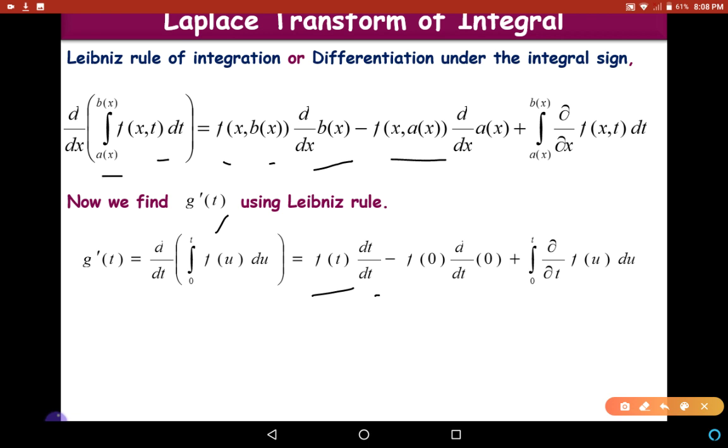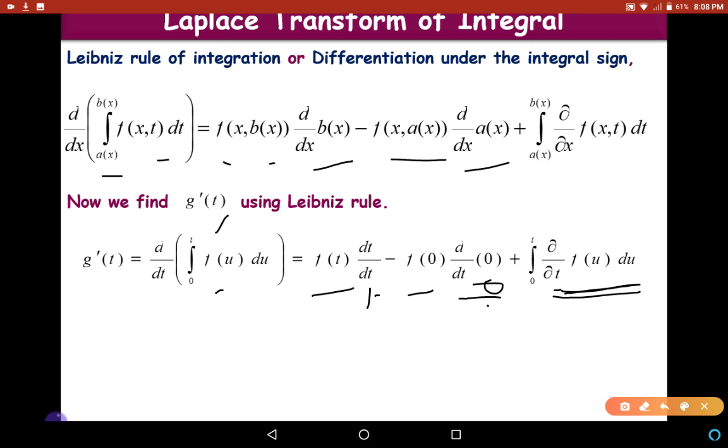So here the lower limit is 0. So this is f of 0 into d by dt of the lower limit, that is 0, plus integral 0 to t of dou by dou t of f of u du. Now this dt by dt is 1 and the derivative of 0 is 0. And look at the third term here.